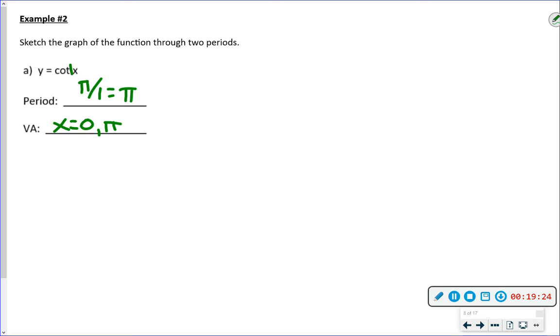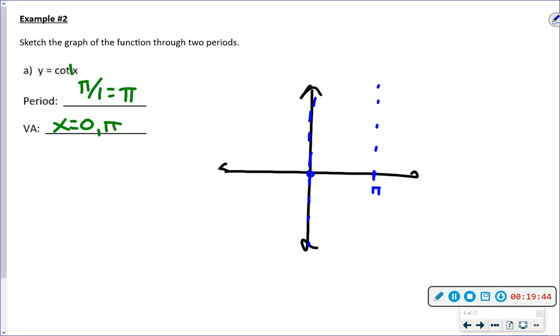And the curves work opposite of what we think for tan. All right. So first vertical asymptote at 0, which of course is kind of hard to draw because you're on the axis. And then pi.